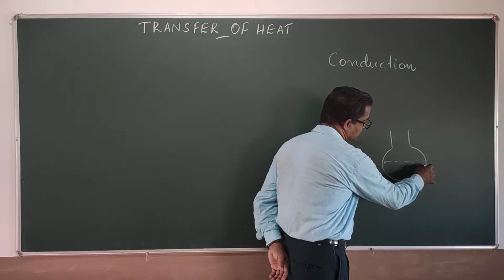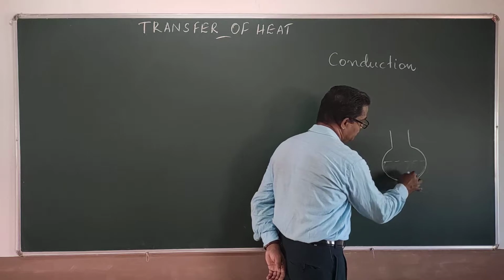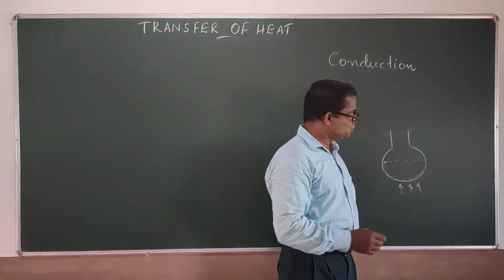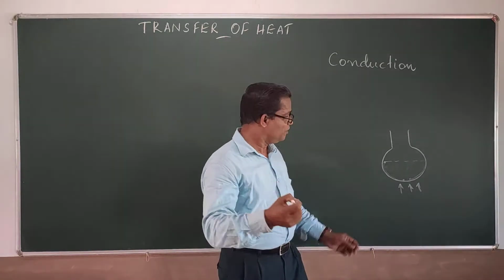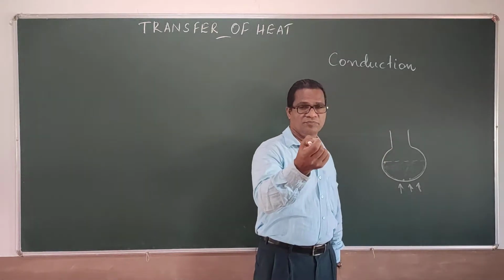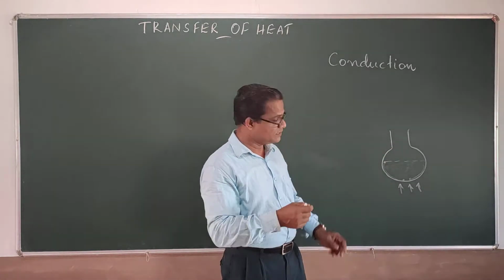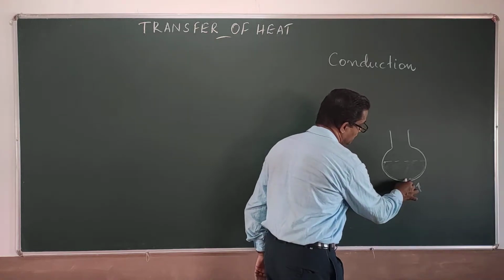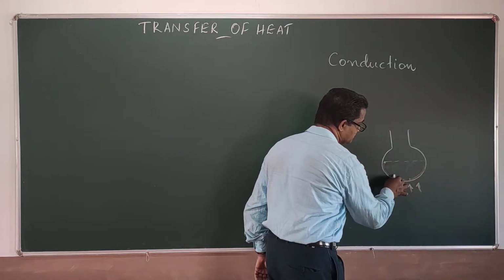And from here, particles will be coming down. To understand this, if you put a drop of permanganate into this, you can find that the color movement will be taking place like this.